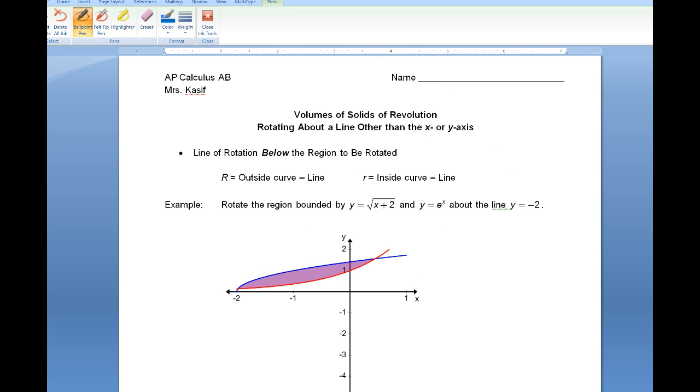Okay, so we're going to look at volumes of solids of revolution when we're rotating about a line other than the x or the y-axis. Not a z-axis, but a line y equals, in this example, we're going to rotate about the line y equals -2.